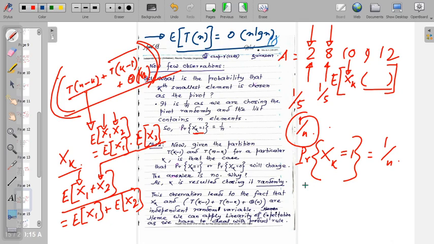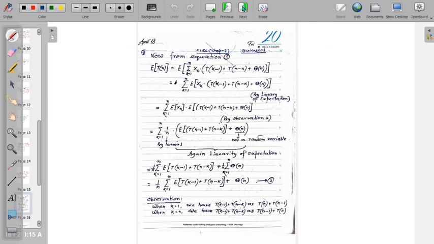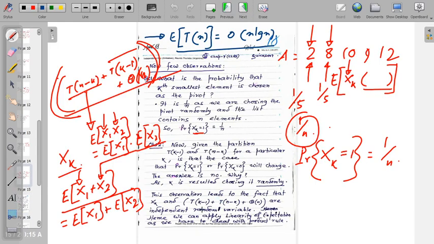Anybody means any element, right? So if the kth smallest element is chosen as the pivot, then the recurrence that we had was this.